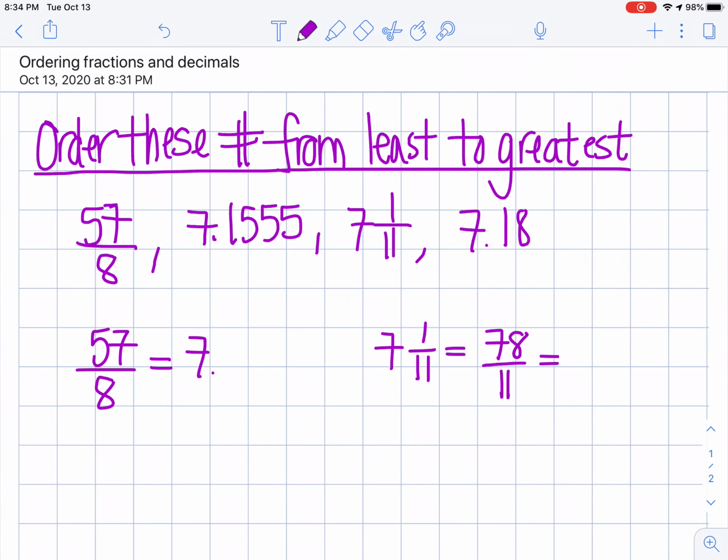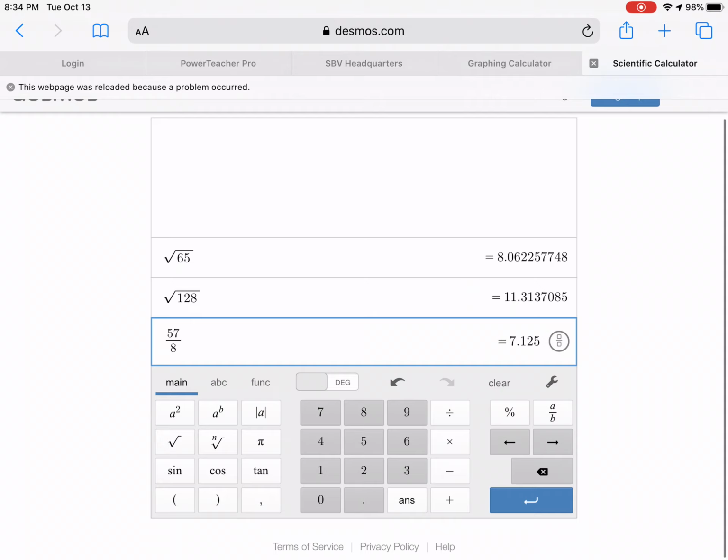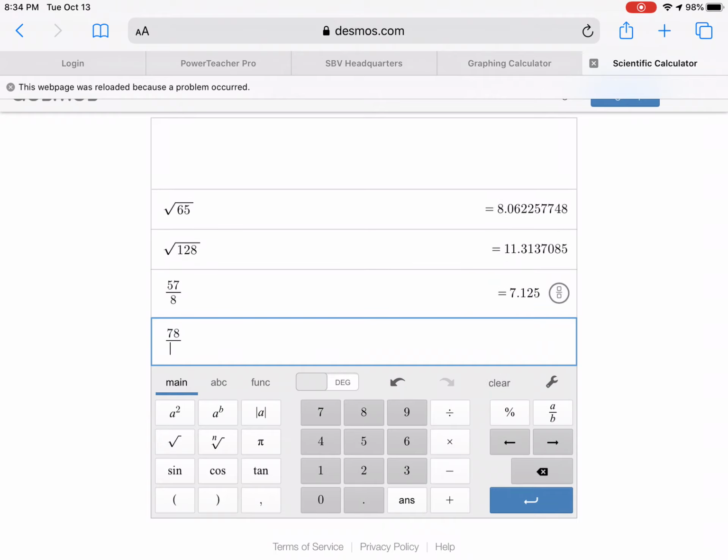And then 78 over 11 is 7.0909. And it's a repeating decimal, so I'm going to round it just to, let's say, 3 decimal places, since everything else is at least 2 or 3 decimal places.